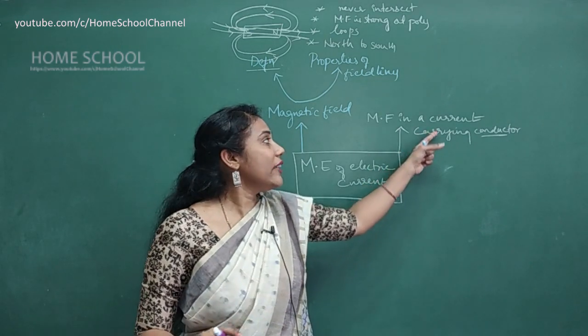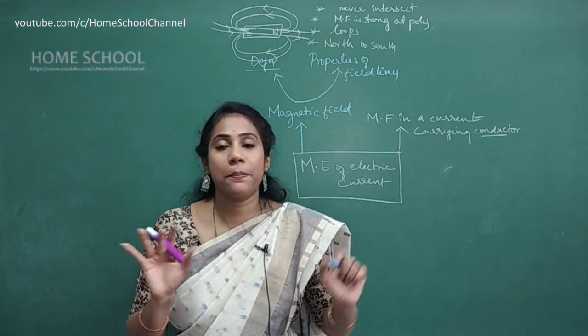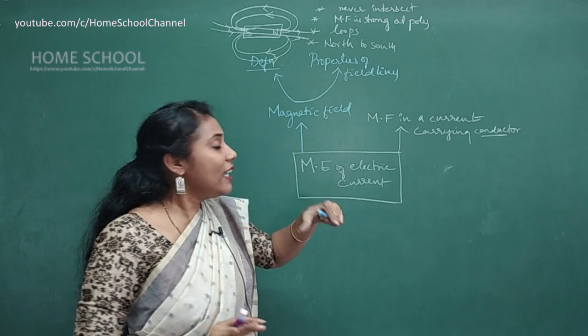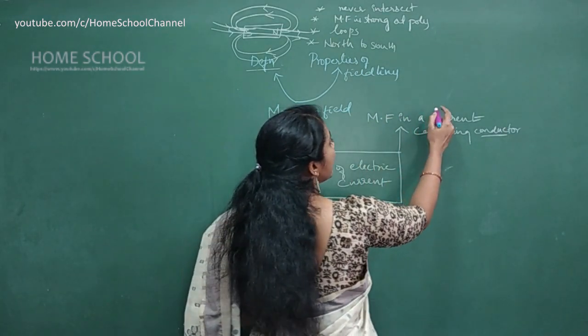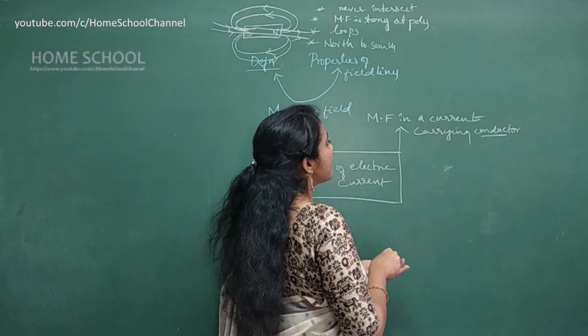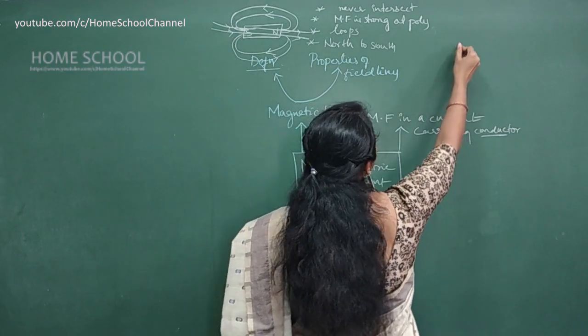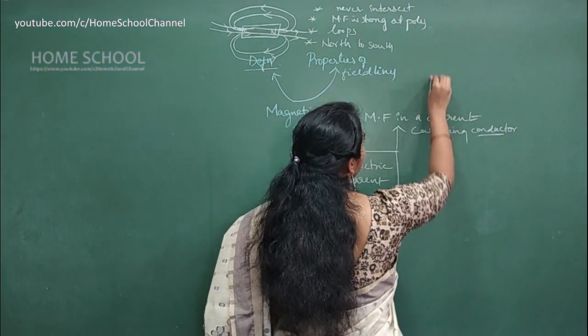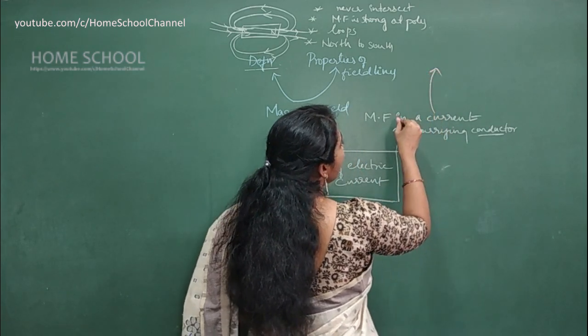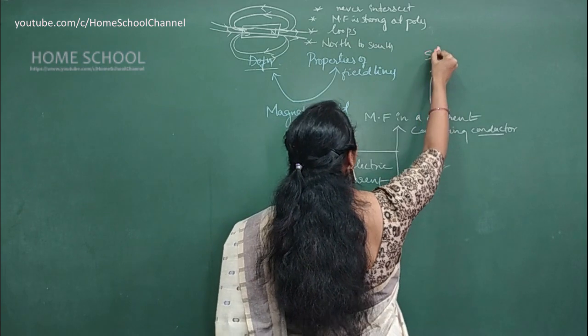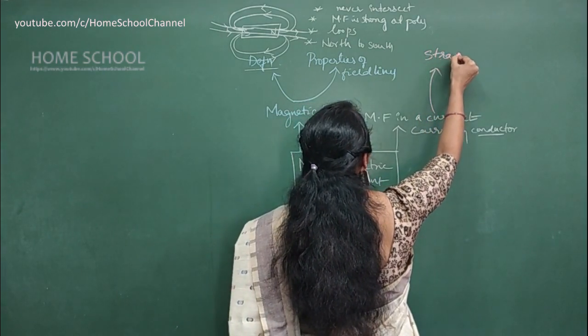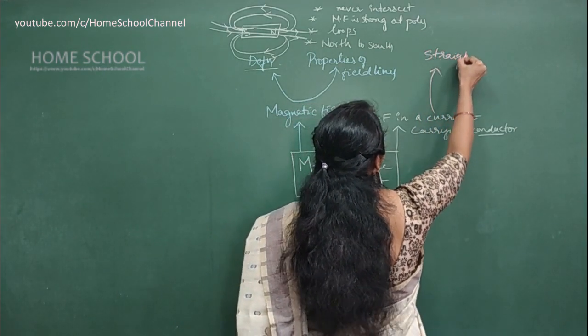That is what we have studied in the second aspect of the chapter. And there are actually three different types of conductor. Here we study three subtopics. The first subtopic is whenever current is carried in a straight conductor.